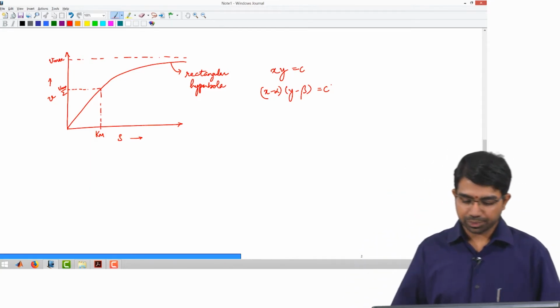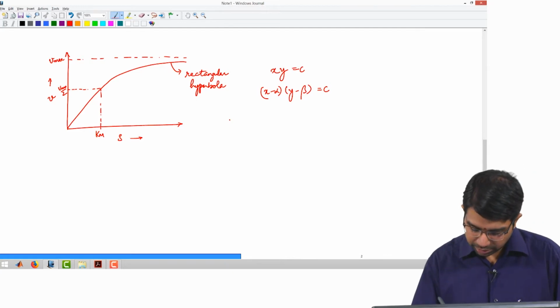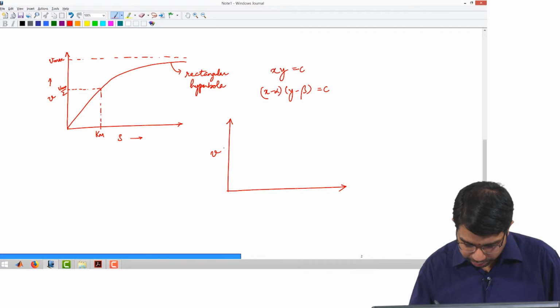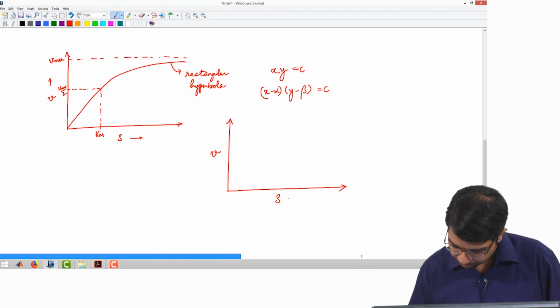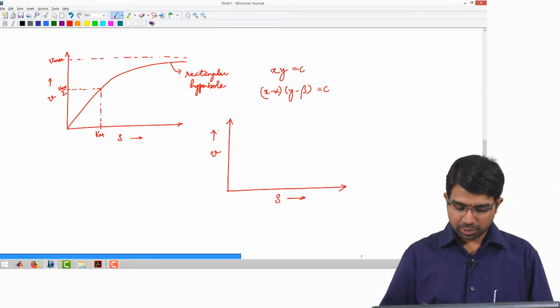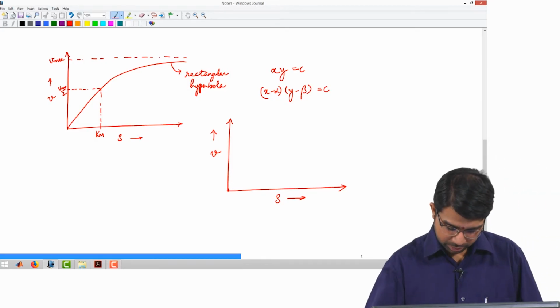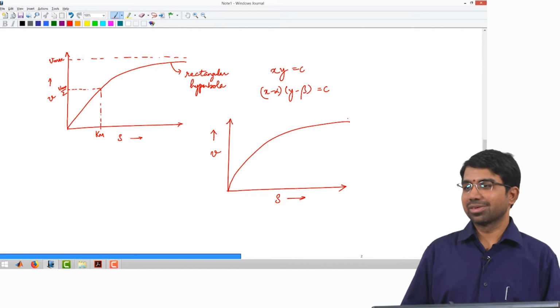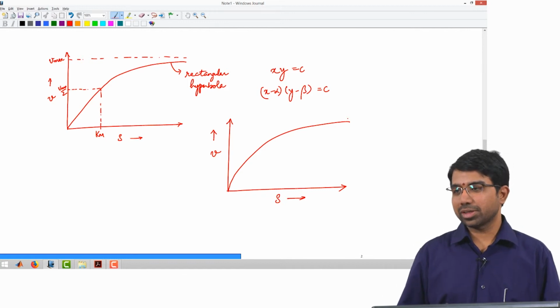Try it out. More interesting, very commonly in biology, you have the Hill equation, which can look like this when there is no cooperativity, right.